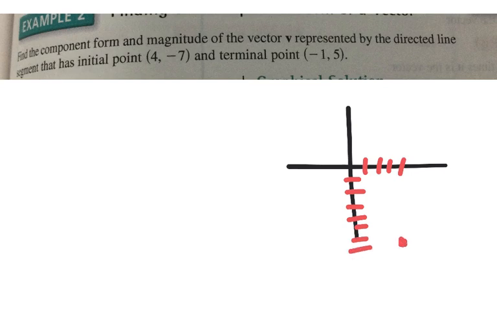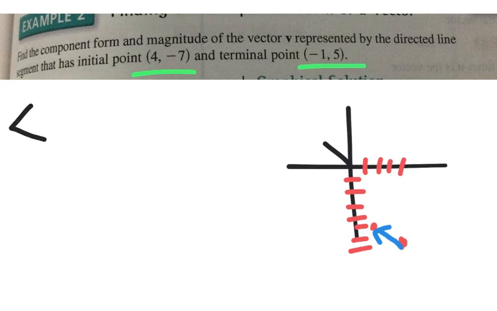Here is my initial point, and it ends at negative 1, 5. So it's going to go this direction. When I find my component form, it needs to be somewhere in the second quadrant, because once I move it to the origin, I expect it to go in that direction. In my head, if I don't get the second quadrant, I'm wrong.